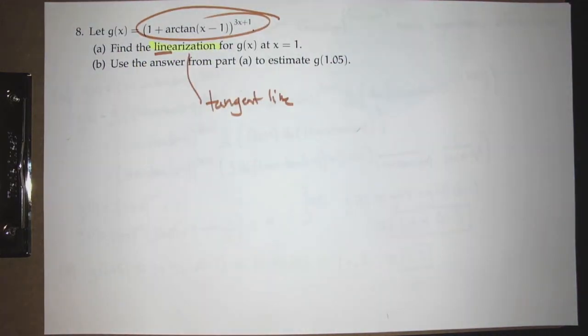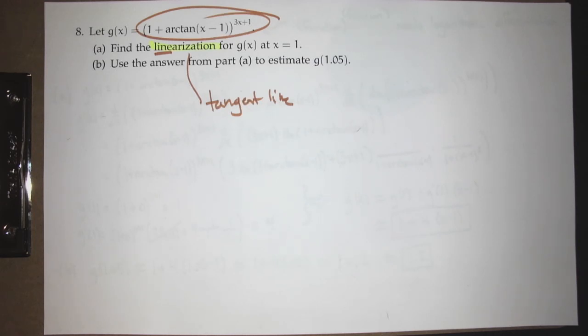Now, what do you notice about this function? Other than you probably don't want to take a derivative. You will have to take a derivative. But what do you notice about it? How are you going to take this derivative? You are forced to do something. You're going to have to use logarithmic differentiation. There's no choice.